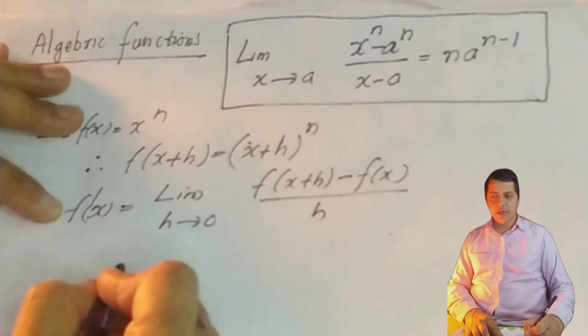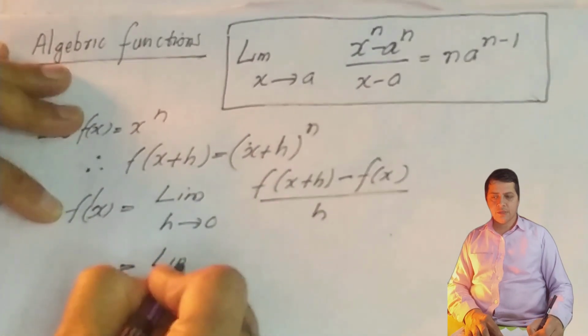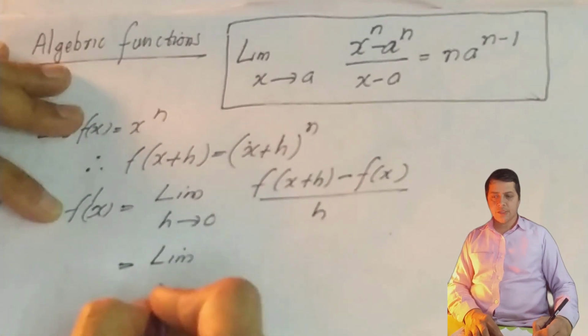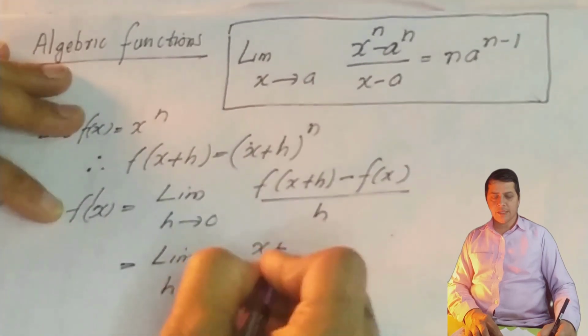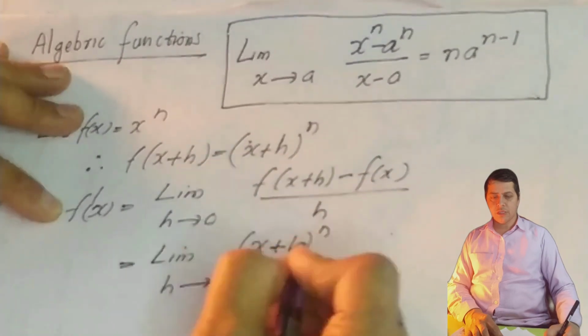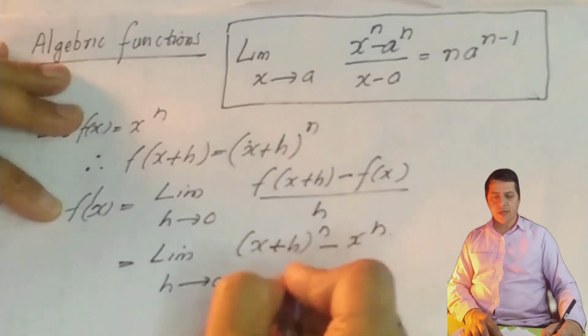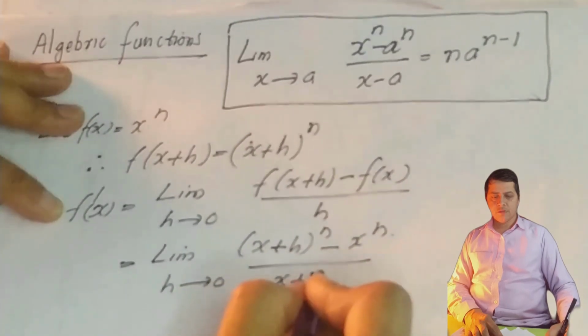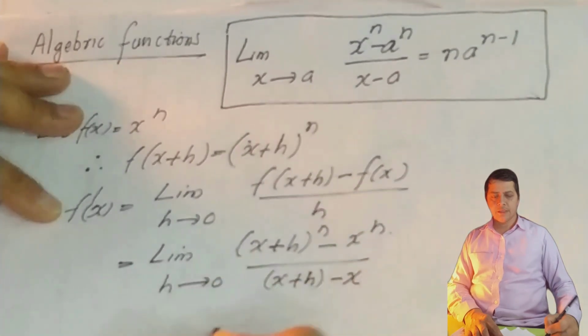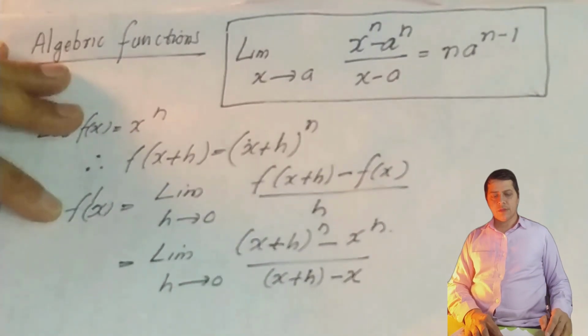So now we have limit h tends to 0 of x plus h to the power of n minus x to the power of n by x plus h minus x. That's what we got, my friends.